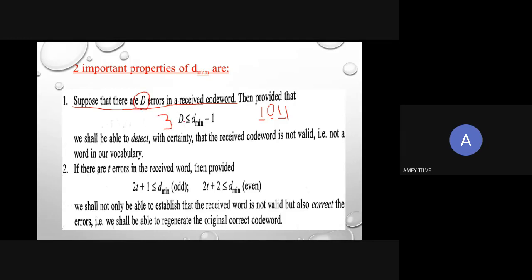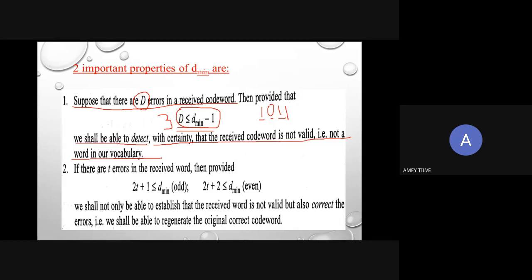If there are D errors in the received code word, then provided that D is less than or equal to d min minus 1, we will be able to detect the error with certainty, and conclude that the received code word is not valid.